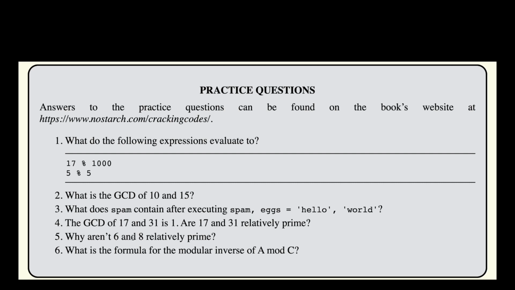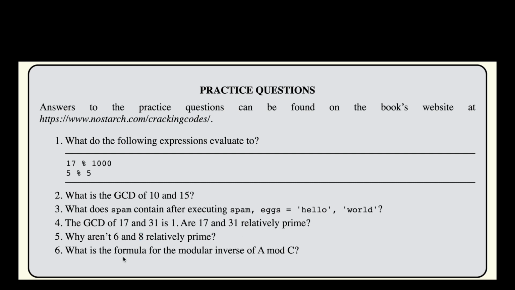Why aren't 6 and 8 relatively prime? If you have a look at the individual factors or divisors for those numbers, 6 for example is divisible by 1 and 6, but also 2 and 3, and 8 is divisible of course by 1 and 8, but also 2 and 4, so we know the greatest common divisor of 6 and 8 is 2, not 1, and therefore they are not relatively prime.